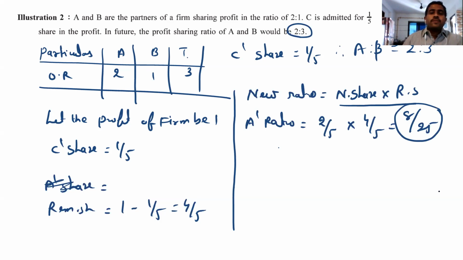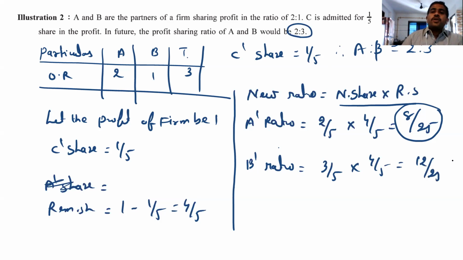Then comes B's ratio. B's new ratio is 3 by 5 into the remaining 4 by 5, which is 12 by 25. And the third one is C. C's ratio is already given, 1 by 5.